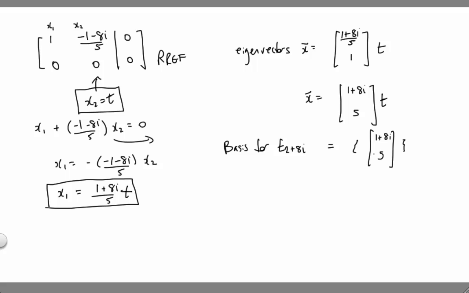We're going to do the same calculation for the other eigenspace, but do this a little bit faster the second time. So we're now looking at the eigenspace associated with 2 minus 8i this time. I write that down just so we remember which eigenvalue we're working with. So we are going to calculate A minus (2 minus 8i) times I, and we're going to solve the homogeneous system there.